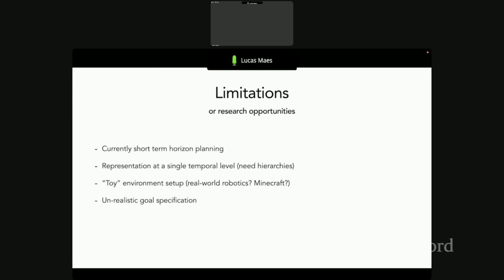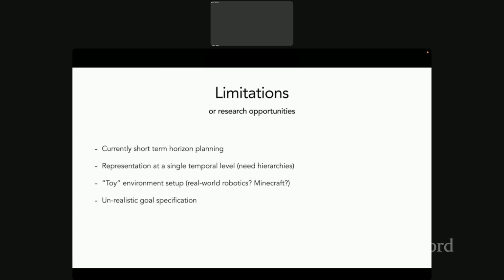A very important thing as well is to move away from this toy environment. I fairly agree with this kind of criticism that these are very toyish experiments. So can we move to real world robotics, or to very stochastic and partially observable environments like Minecraft? That would be very nice. And also a big problem, I think, is how do you specify your goal?